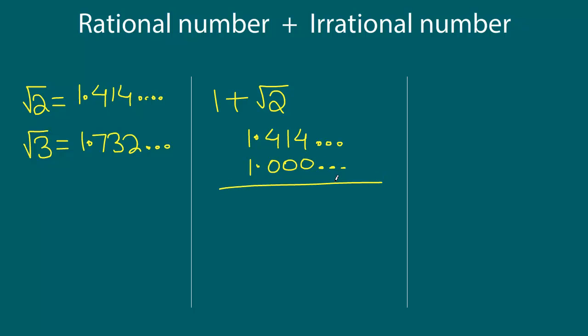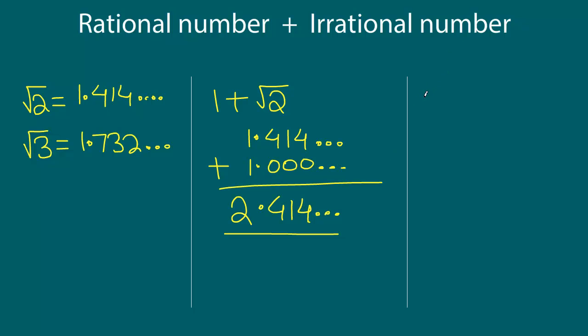Now when we add, as far as the decimal part goes, it will be exactly like this: 414 and then dot dot dot, and here it will be 1 plus 1 is 2. So our final answer for 1 plus square root 2 is 2.414 dot dot dot. The decimal part is non-terminating, non-repeating, so we say that the entire number is an irrational number.